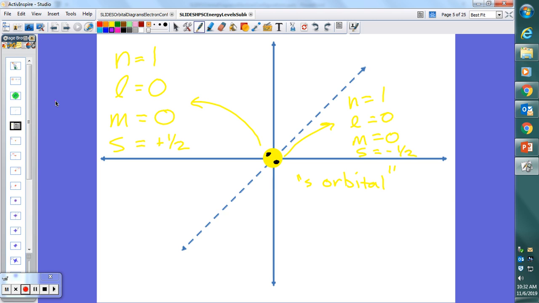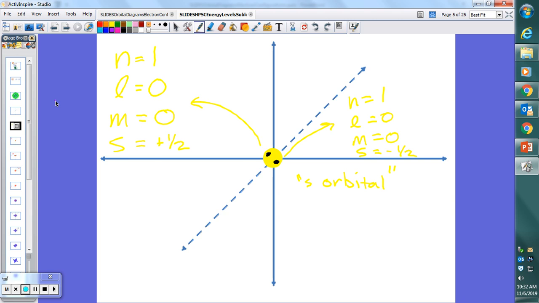The hourglass orbital is a p orbital. Good, all right? Say what else? The butterfly orbital is a d orbital. And then the last one, which I haven't really shown you a picture of because this is way too much, f orbital, right? So we have 4 types of orbitals, s, p, d, and f. And the angular momentum quantum number, lowercase l, describes that shape.